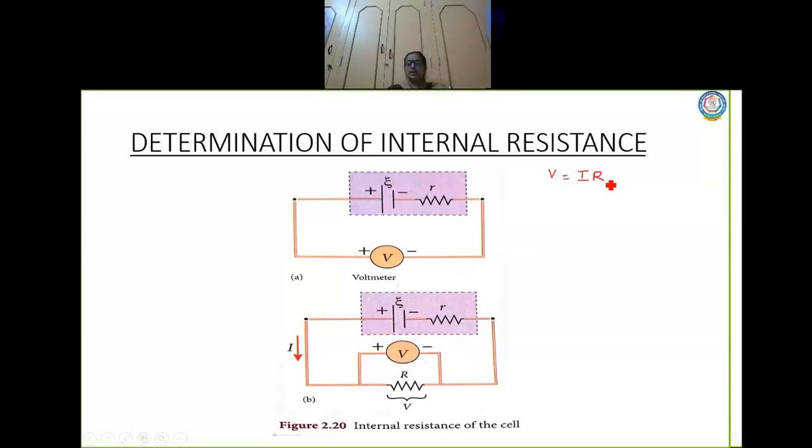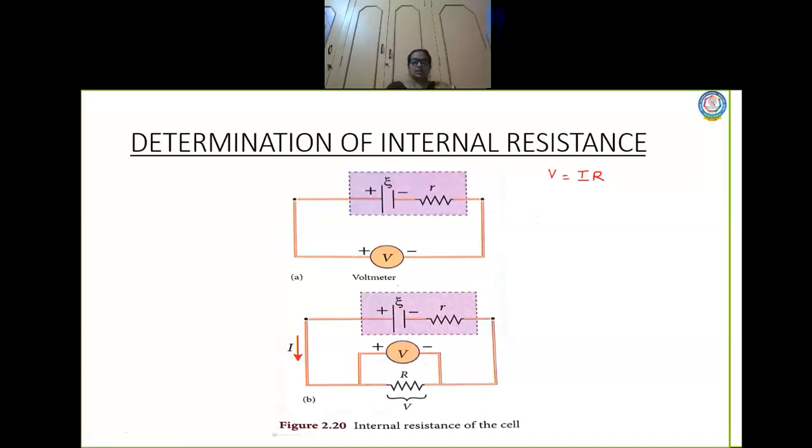Now, is there an internal resistance in the cell on the top? Yes. So due to the internal resistance of the cell, the voltmeter will have a reading which is much lesser than the value of EMF before the resistor is connected.